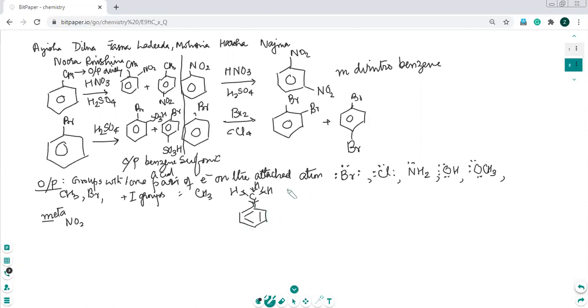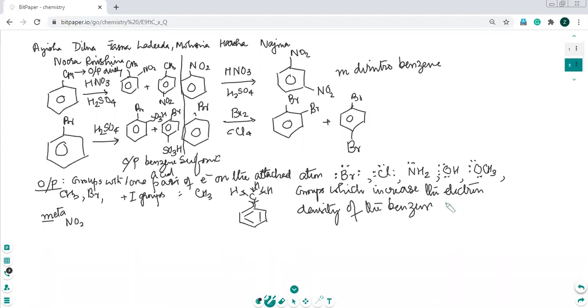So groups which increase the electron density of the benzene ring will activate the benzene ring and they are ortho-para directing.